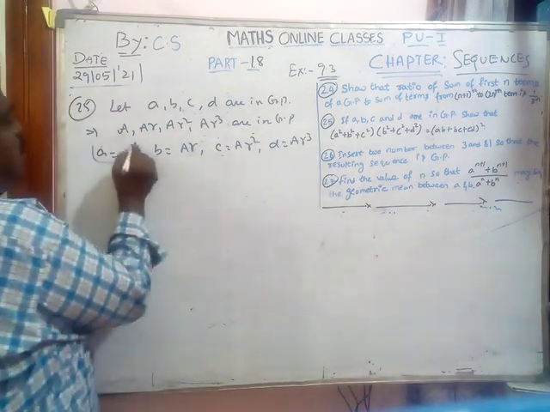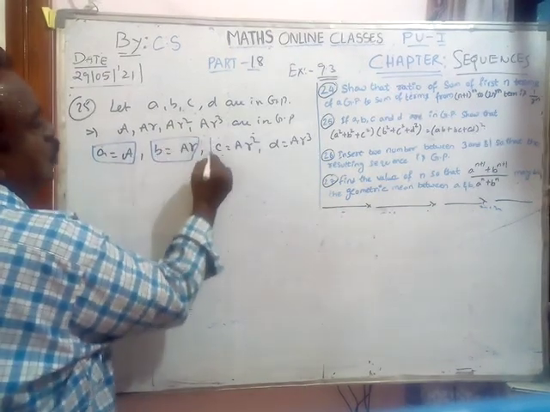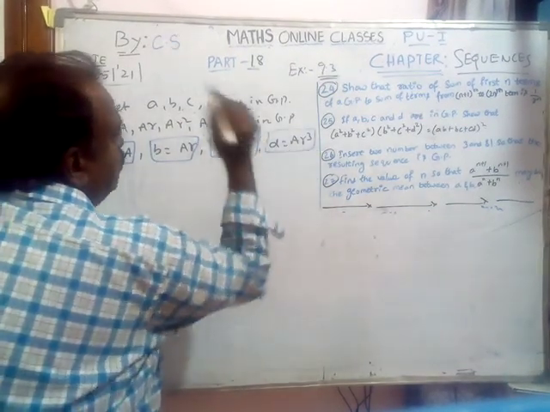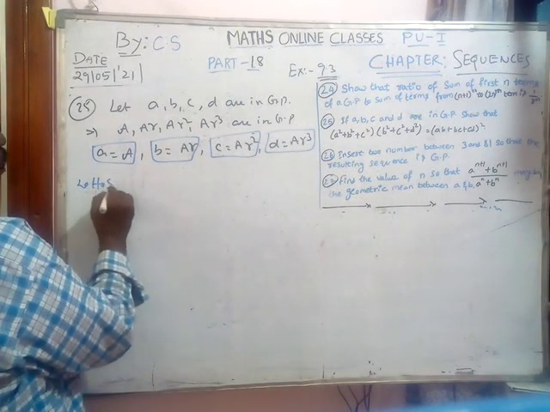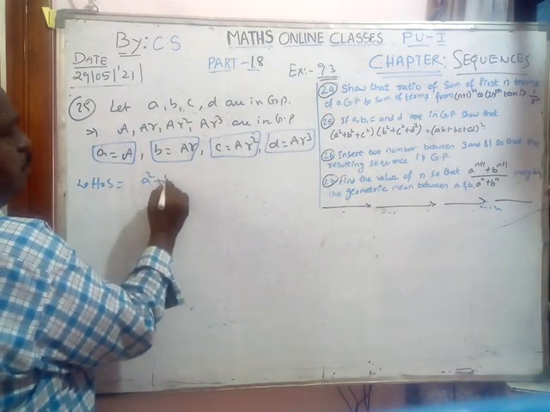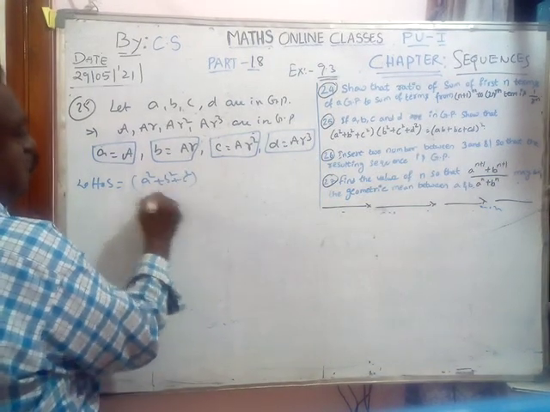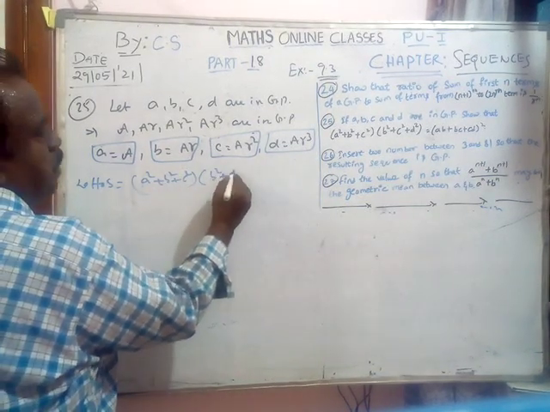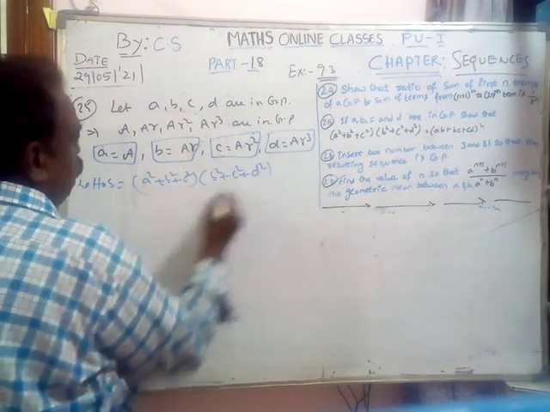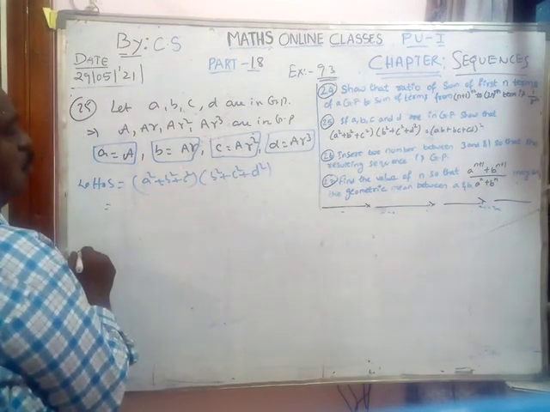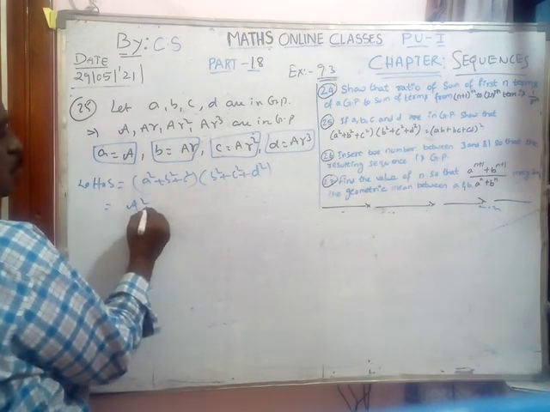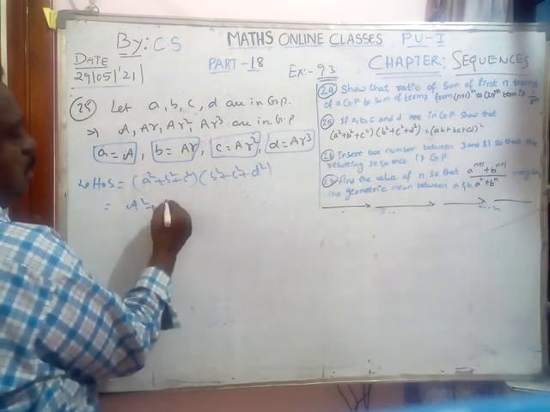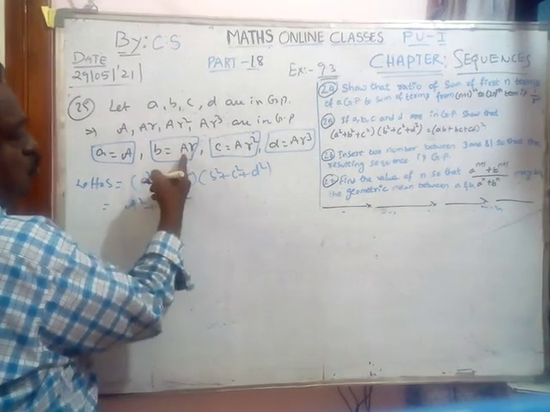So here also it is clearly written. Okay? Now LHS: A square plus B square plus C square, into B square plus C square plus D square. What is A square? Capital A square. What is B square? A square R square.